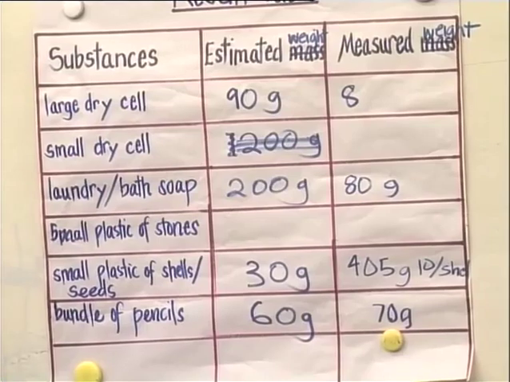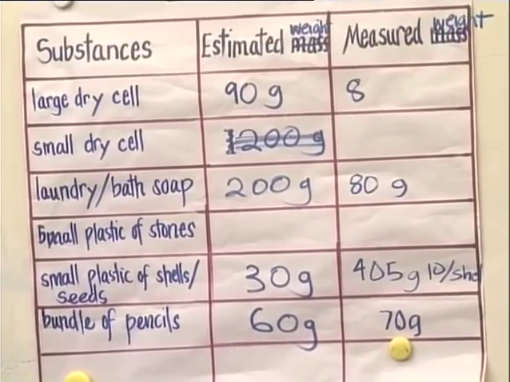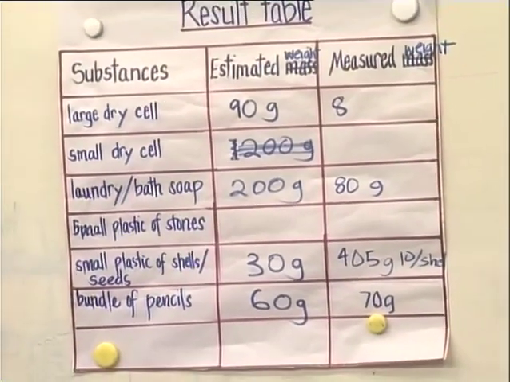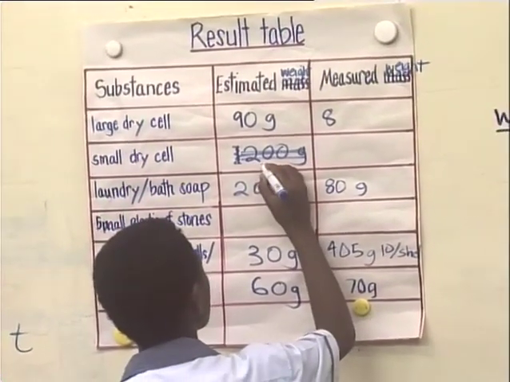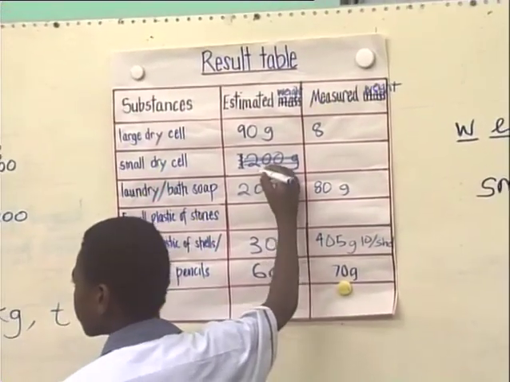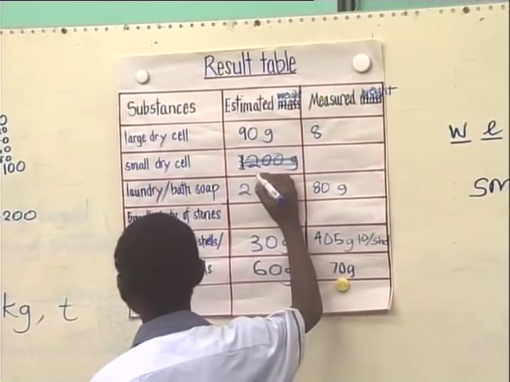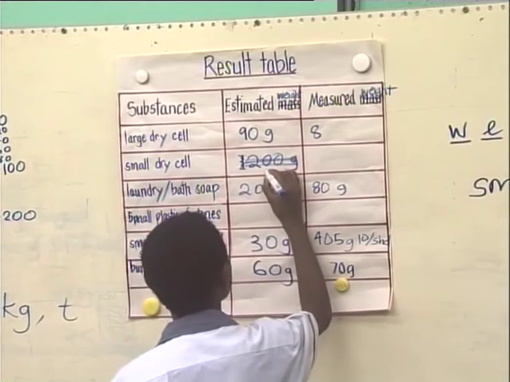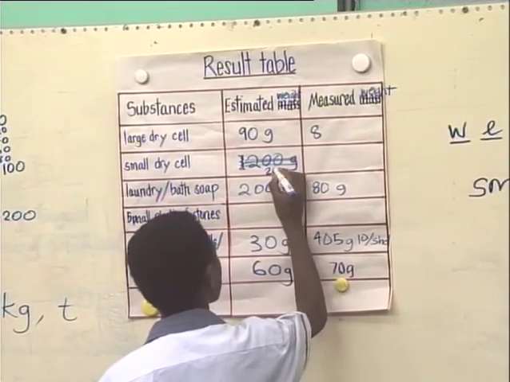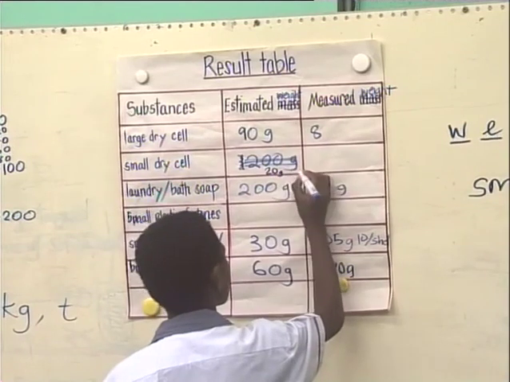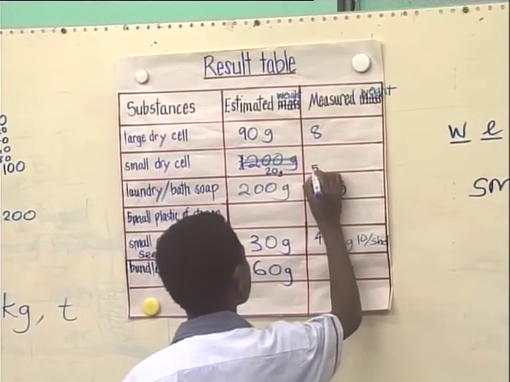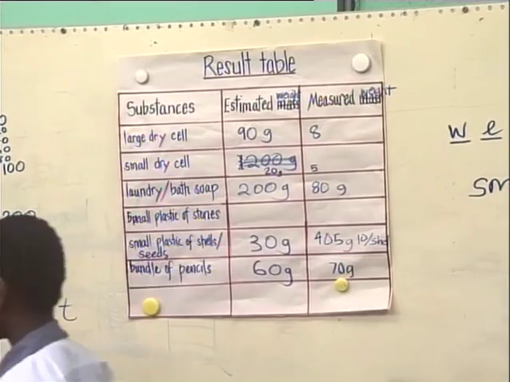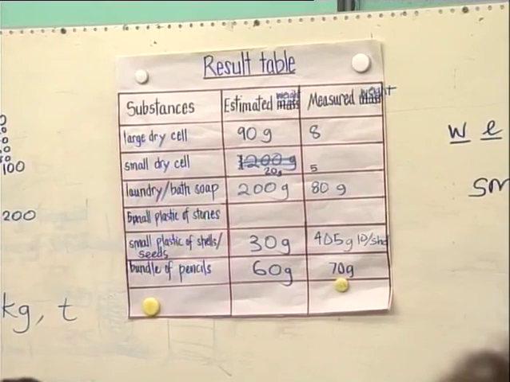Write your estimated, your predicted weight and the exact weight. Small dry cell. The predicted one was? You just predict one quickly. 20, okay. The exact one? What is the exact weight? Grams. All right, class, let's go through our answers together.